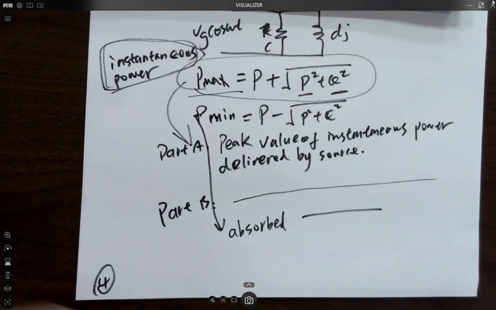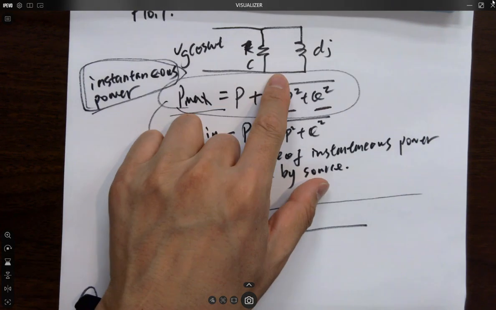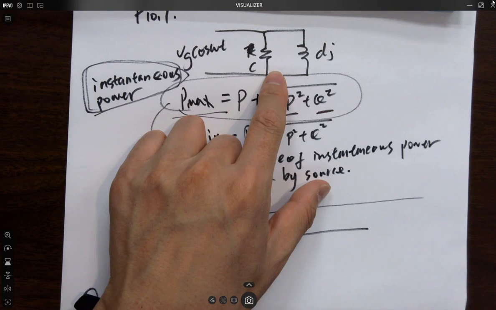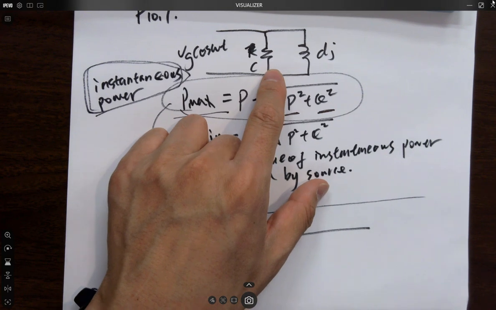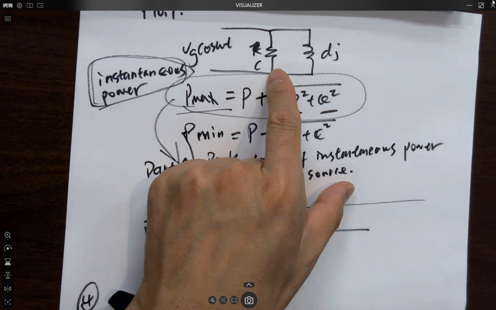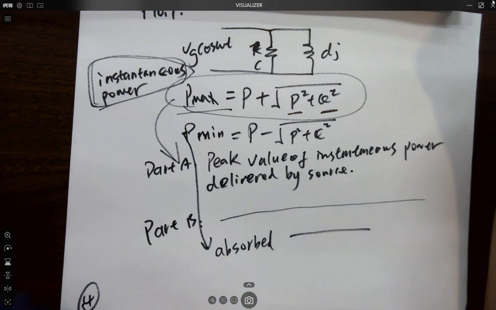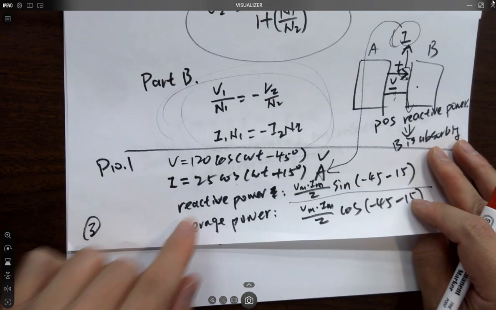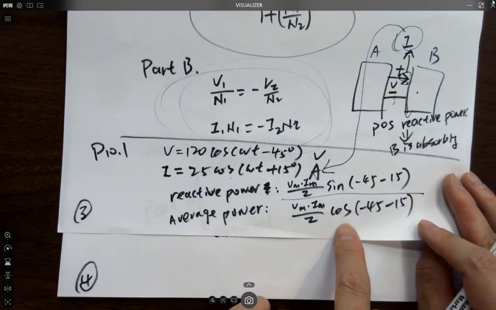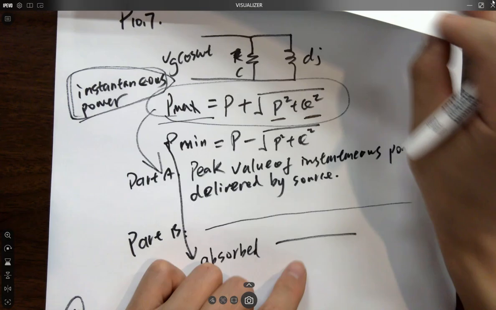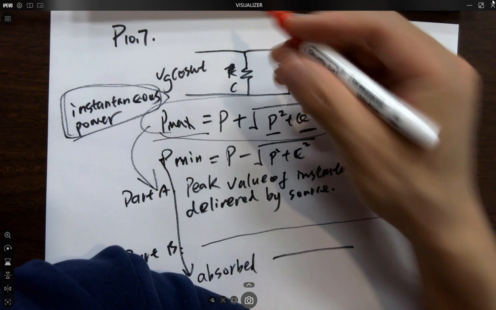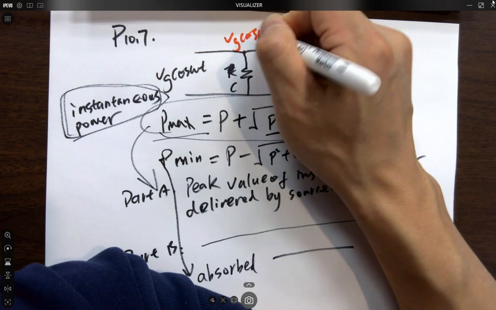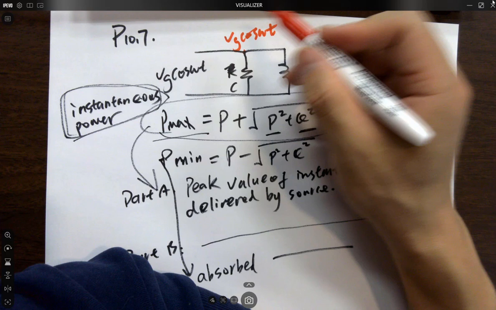Average power, you know how to do that easily, right? Because it's in parallel, we just focus on the resistor. We have two methods, but let's just focus on the resistor. Average power, real power, I have done this so many times. Parallel, so the voltage is not changing. So what's Vm? This guy.